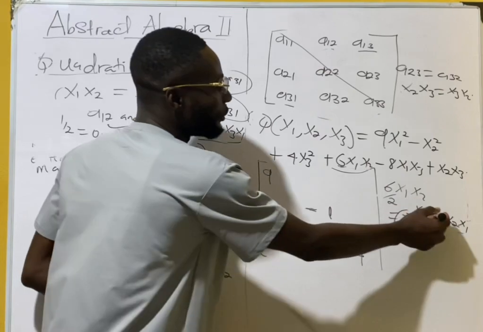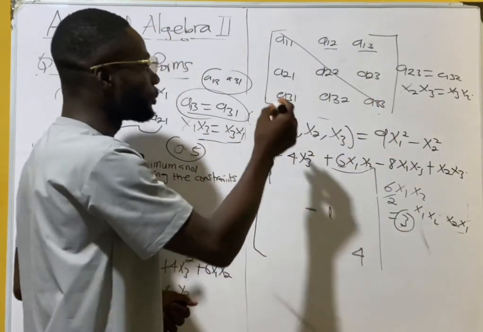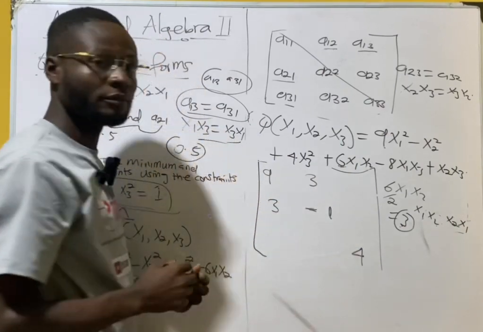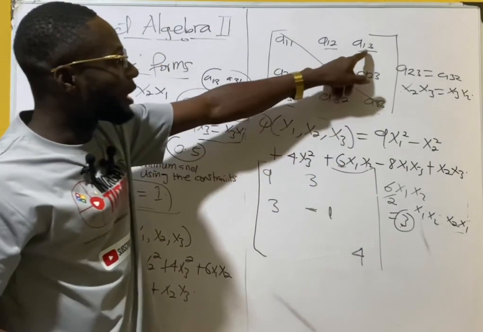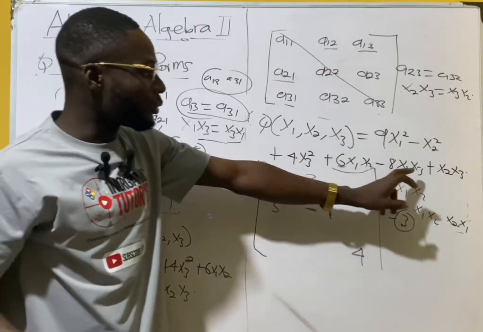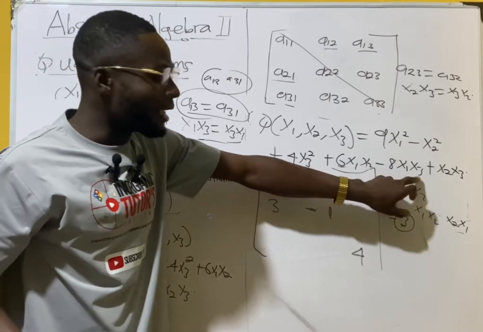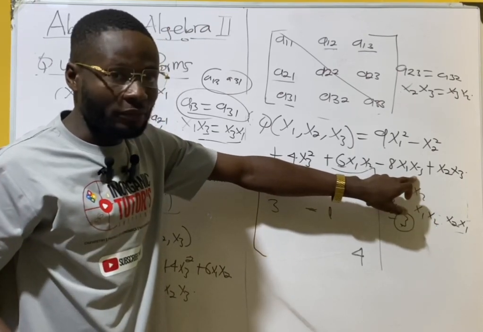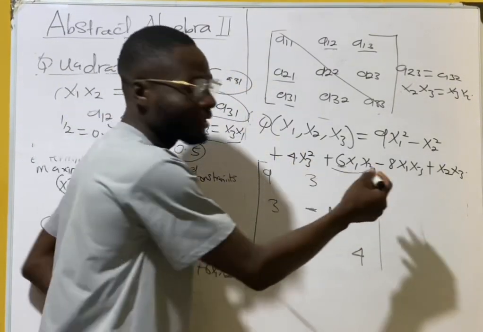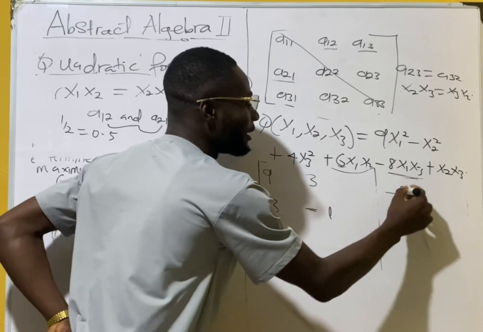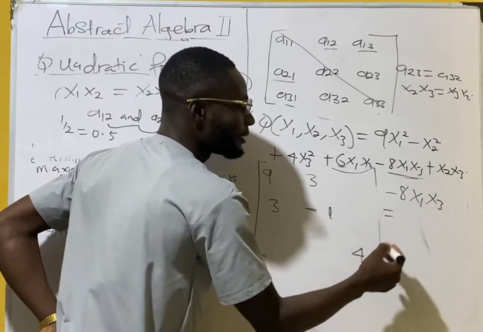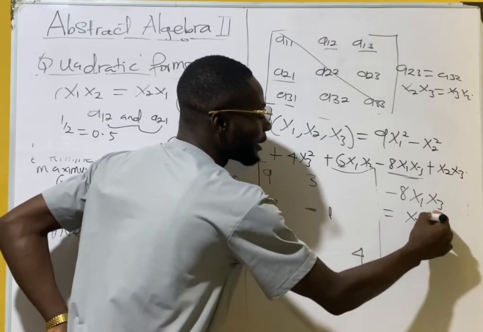This here represents a12 and a21, so we have 3 and 3. Then we come to a13. The a13 basically represents the x1 and x3 in the quadratic form, which is -8x1x3, the same as x3x1.